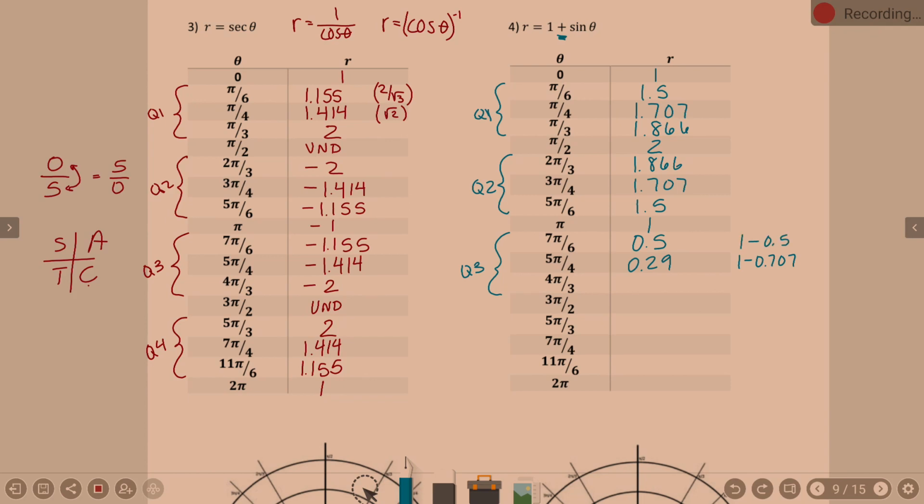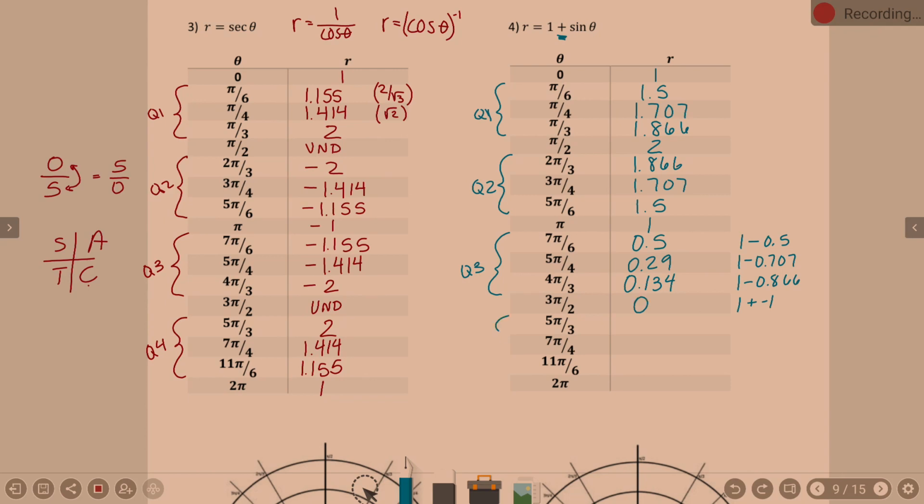And then 4 pi over 3: 1 minus 0.866 is 0.134. Okay? Sine of 3 pi over 2 is negative 1. 1 plus negative 1 is 0.